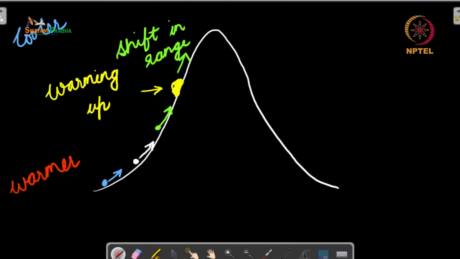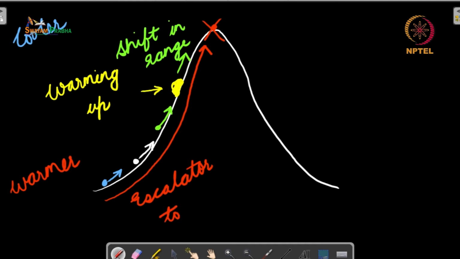But the question is, what will the organism that lives here do? This organism lives in a very cold condition, and now you are warming up its habitat. It has got nowhere else to go. And so this organism will become extinct. And this process in which the organisms are moving up the mountains towards their extinction is known as the escalator to extinction.